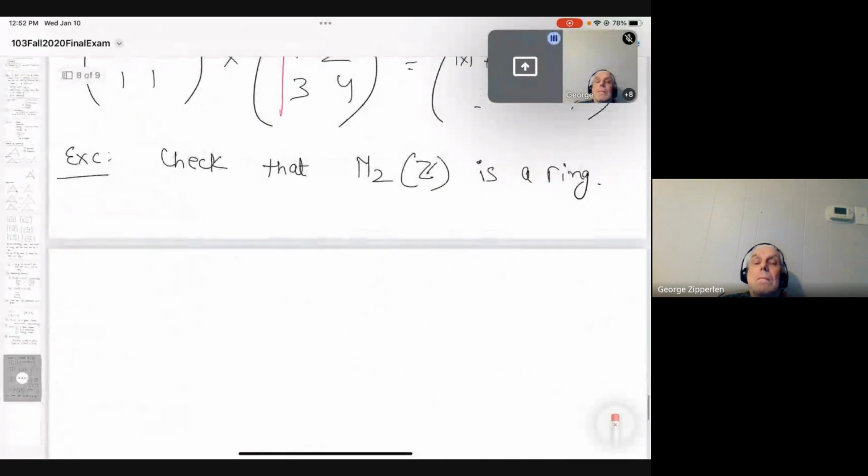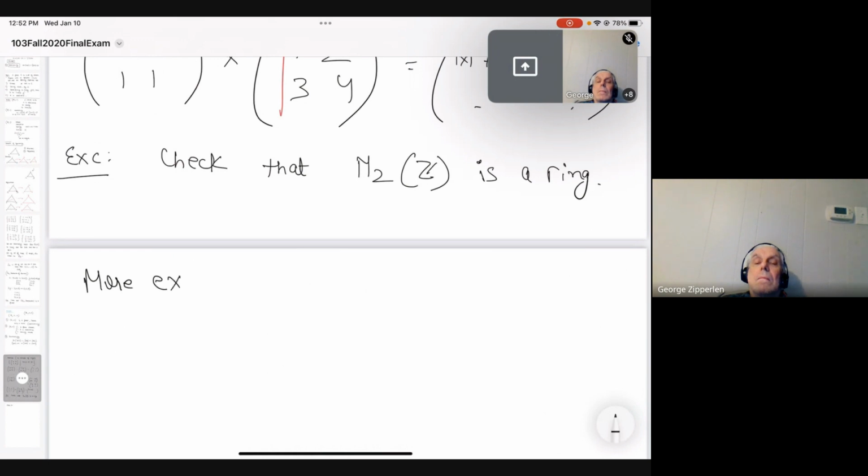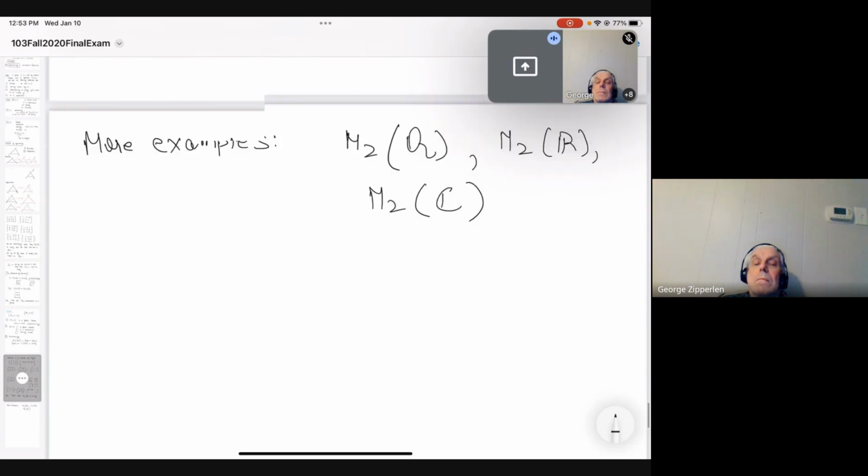Now we can get more examples out of matrices like this. There is no reason to stick to integers. You can take entries in rational numbers, real numbers, complex numbers. These are also rings. And why just 2 by 2?